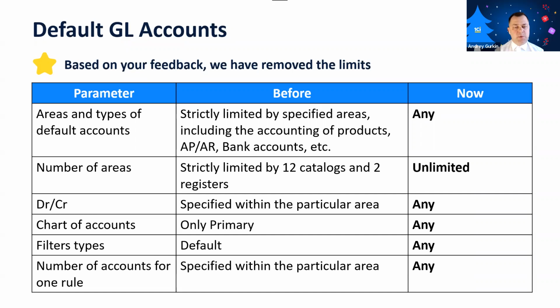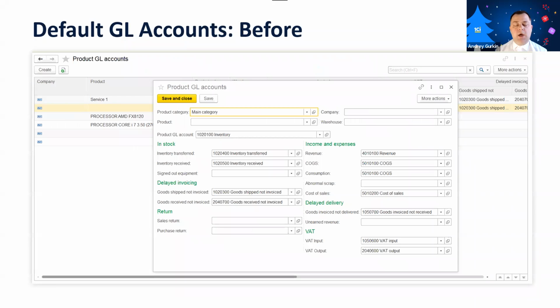We could specify only one side, so all debit or all credit for the particular GL accounts. And the chart of accounts was only the primary chart of accounts. The default filter types and number of accounts for one rule were specified within the particular area. But from this moment, we removed all these limits. So now you can see we can operate any numbers, any types, and so on within our default GL accounts.